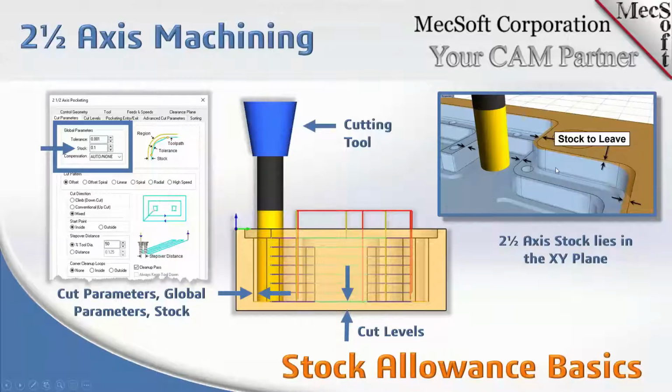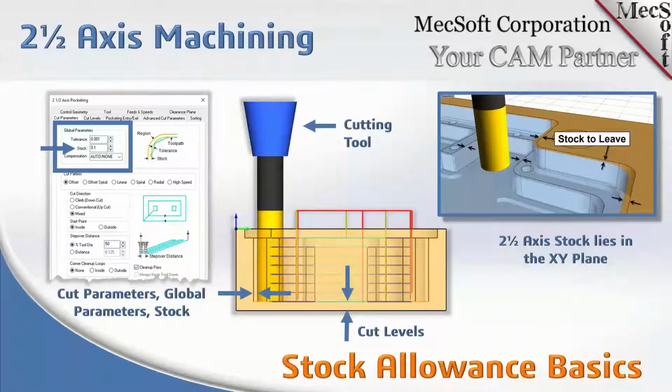And if you look in the illustration on the top right, you'll see the stock remaining is extending in the X and the Y direction of the part. So that's basically an understanding. Remember that stock is not automatically applied to the bottom of the tool on the bottom of a pocket. You control that with your cut levels.